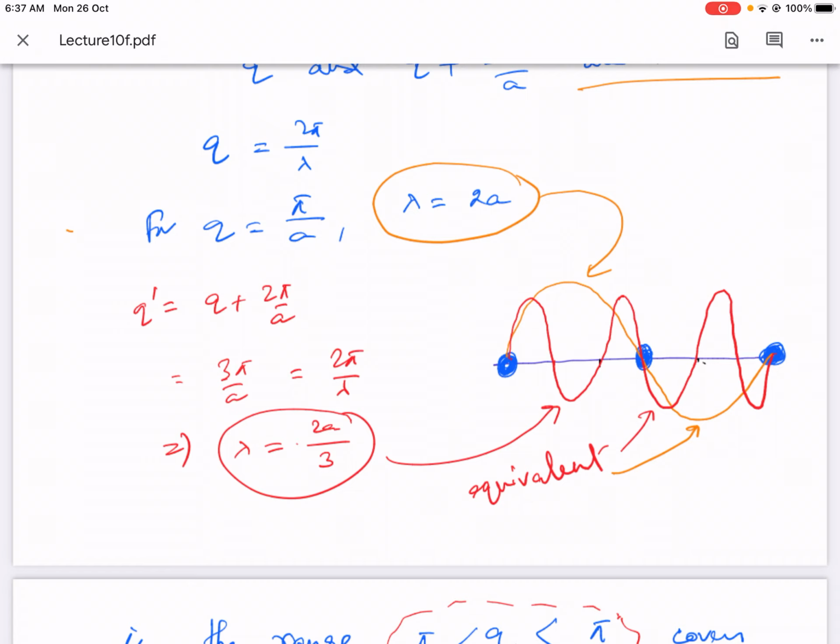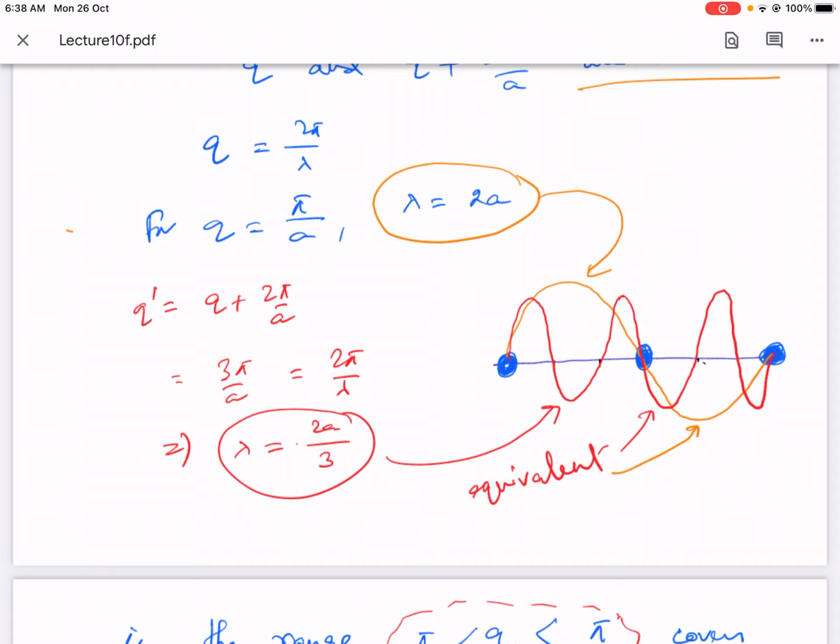Now what I see here is that if I draw these lines, lambda equal to 2a wavelength and lambda equal to 2a by 3 wavelength are perfectly similar, because except at the lattice points, at other points there is no atom, so nothing happens there. But at the position of the atoms, the wavelengths are exactly of the same amplitude.